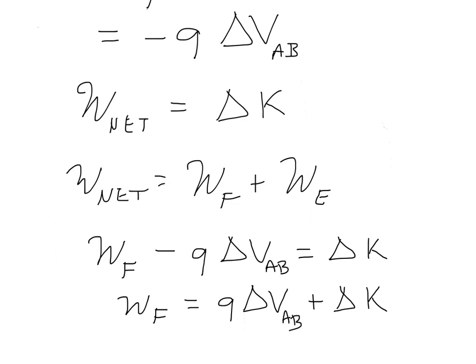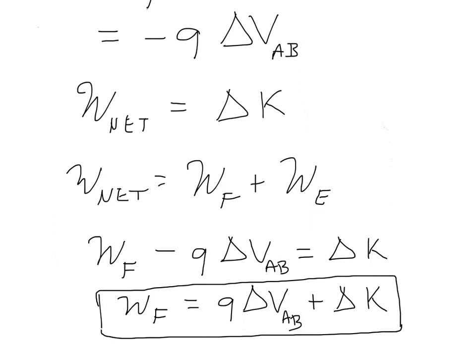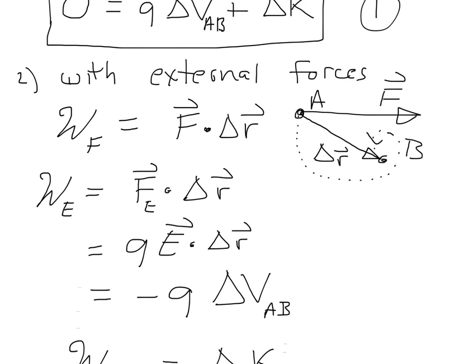Now this equation right here is useful when we have both an electric interaction and an external force acting on the object. You can compare this to the equation that applies when there's only the electric force. Let me scroll back here and look at equation 1.